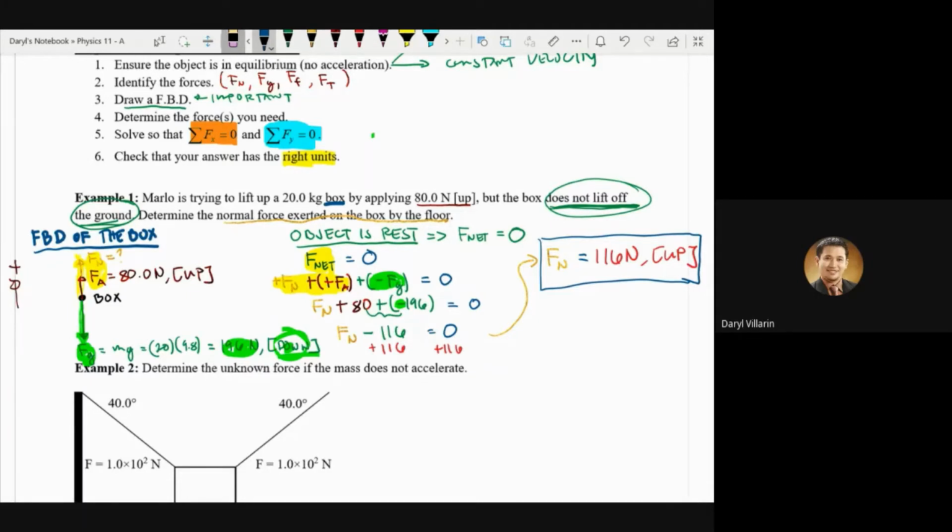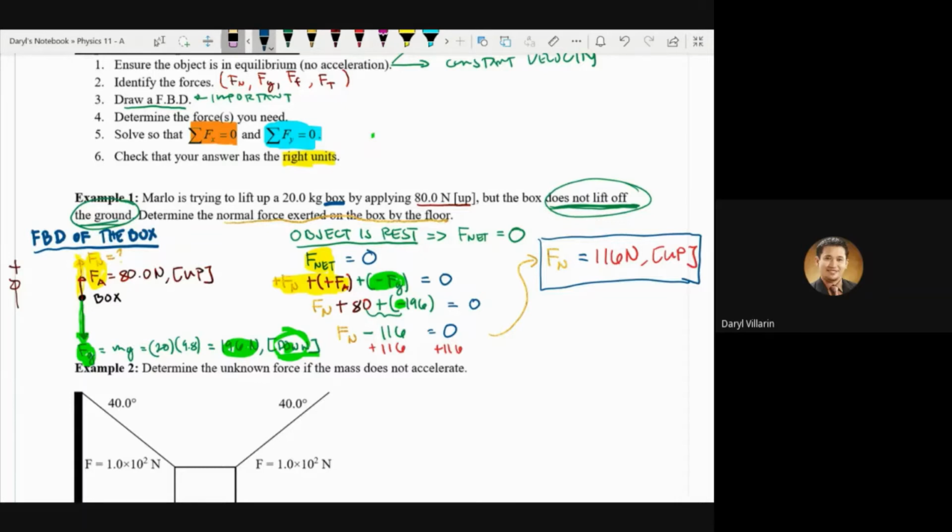However, with the application of an additional 80 newtons, or the force exerted by Marlow with 80 newtons, remember, 80 newtons cannot lift the object because you can see that 80 is less than 196. The minimum force that you need to lift an object should be equivalent to its weight. So in this case, it's not moving. If it's not moving, it is at rest. And if it is at rest, the net force is equal to 0.